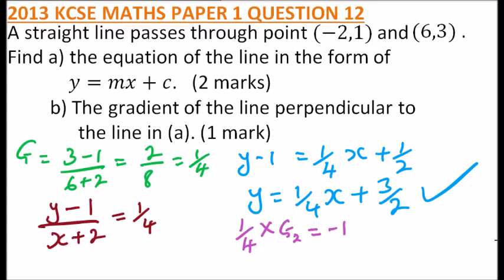So it means gradient 2 is equal to, we multiply by 4 both sides, -1 multiplied by 4 over 1, which is equal to -4. So if you multiply -4 by a quarter, you get -1. So that is how you work out that question, and you get yourself 3 marks.